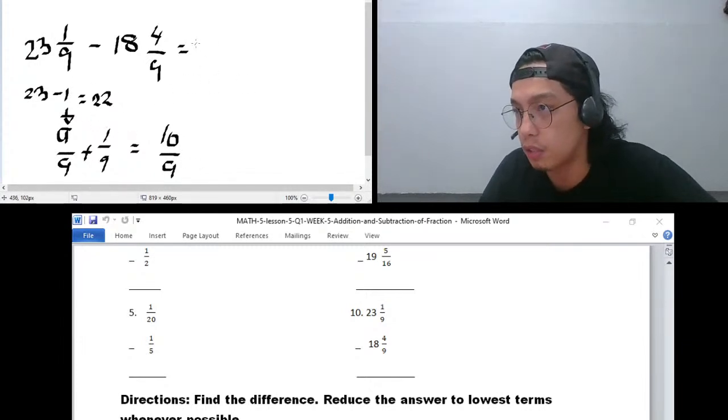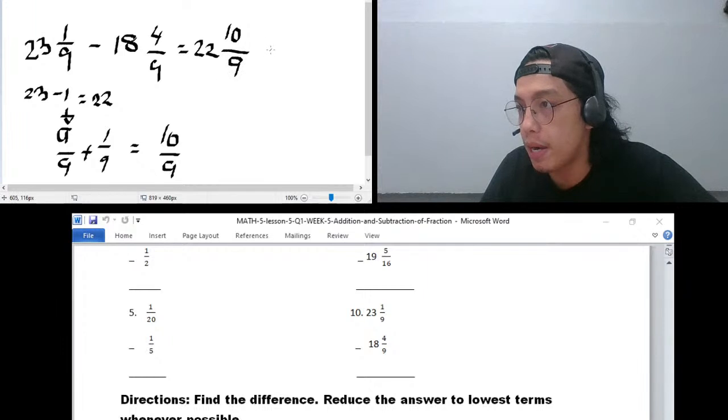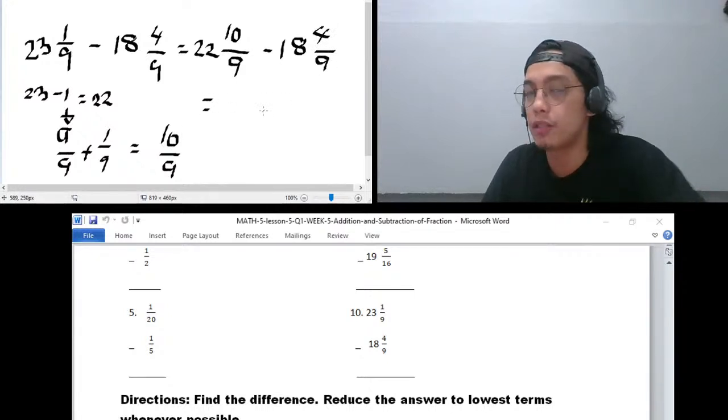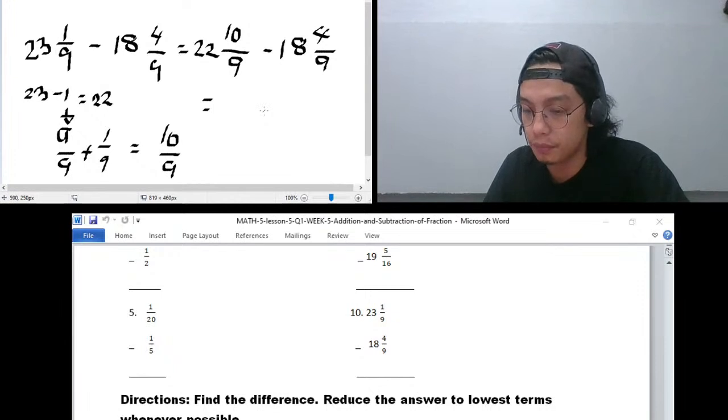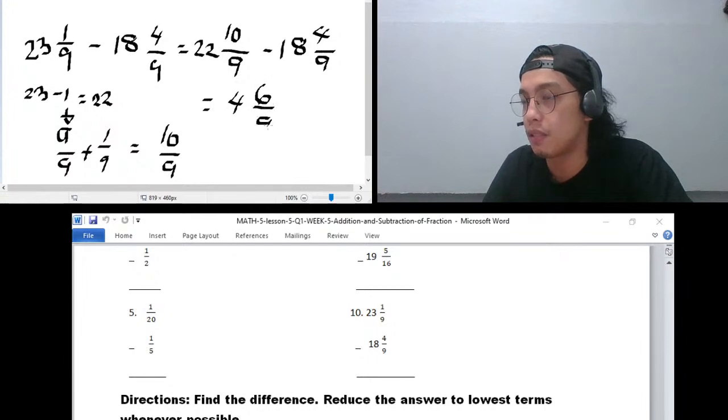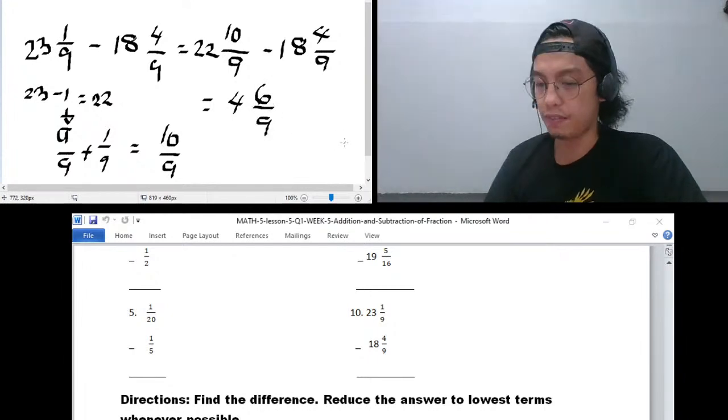So, may mo siya 22 and 10 over 9 minus 18 and 4 over 9. And now, you can minus it. 22 minus 18 is 4. 10 minus 4 is 6 over 9. Copy the denominator. That's the answer. Okay, let's verify it actually.